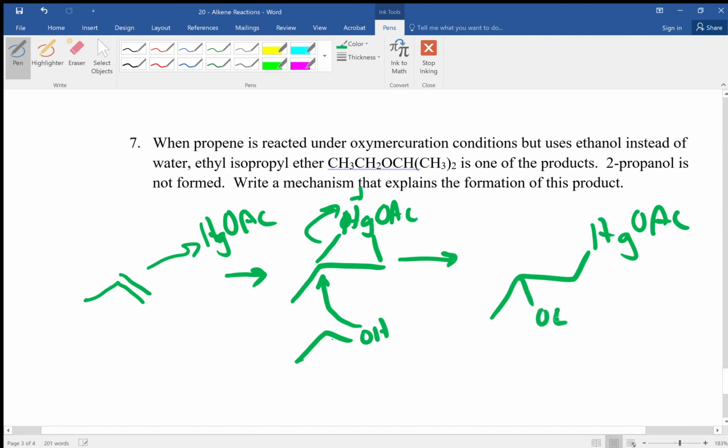And so instead of getting the alcohol as a product, ultimately what we end up with is an ether.